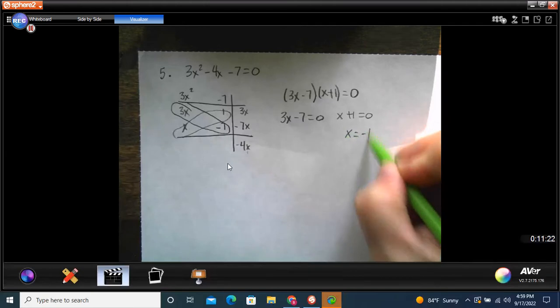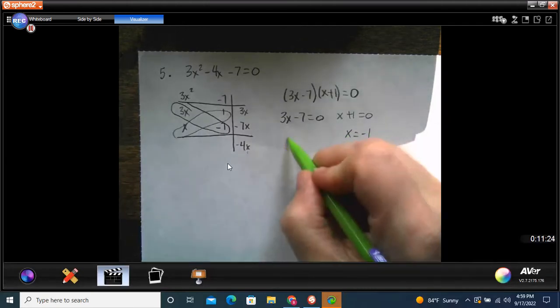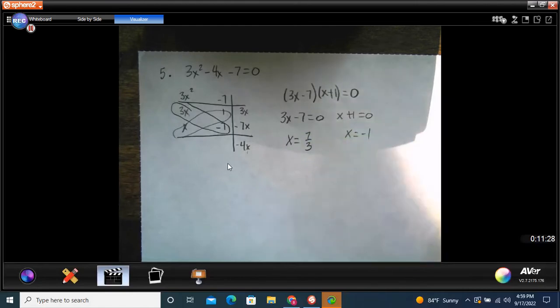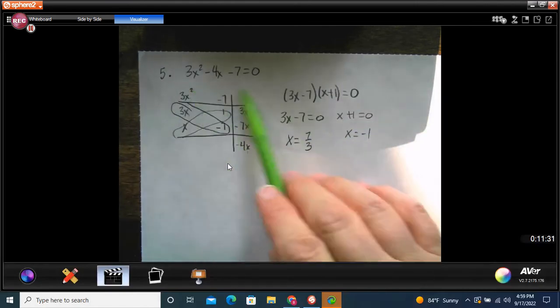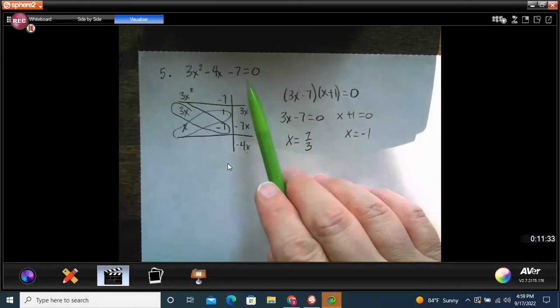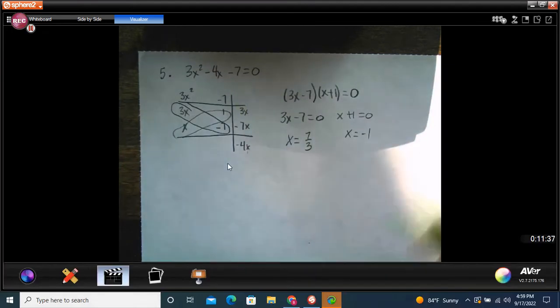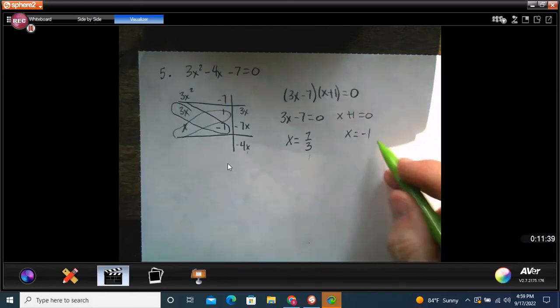This gives me that x is negative 1. This gives me that x is 7/3. Add 7, divide by 3. So the x-intercepts, the solutions, roots, the zeros of this function are x equals 7/3 and x equals negative 1.